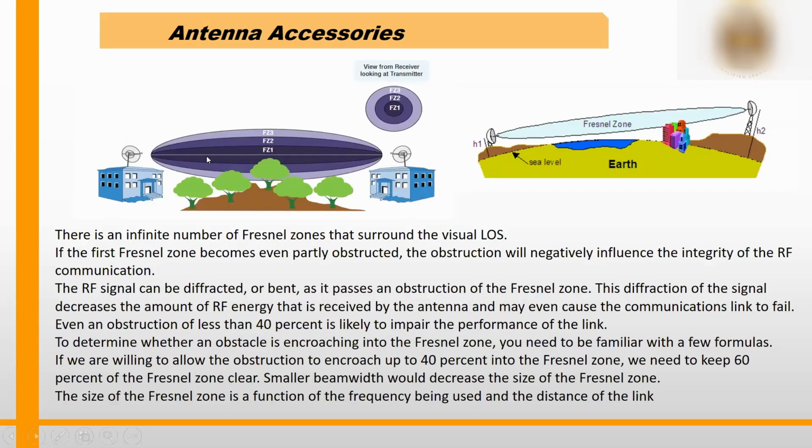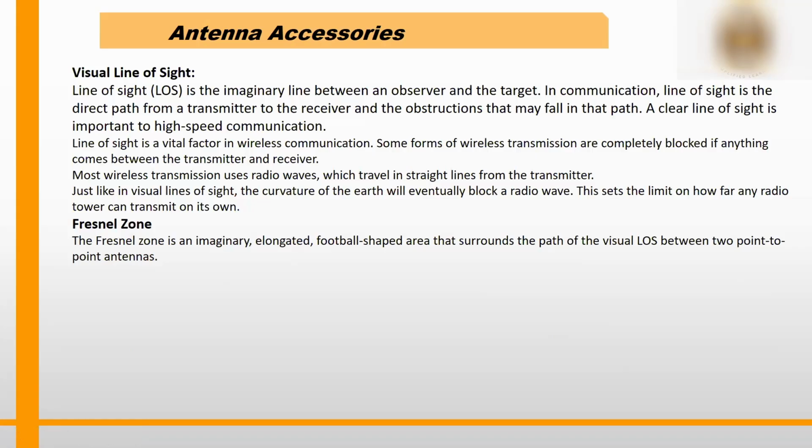If you take this picture over here, this is the transmitter antenna, this is the receiver antenna. So this is the line of sight. As there is no interference between these two, transmitter and receiver, the communication will be very good, because the line of sight is intact. Okay, so the line of sight is nothing but the imaginary line between an observer and the target.